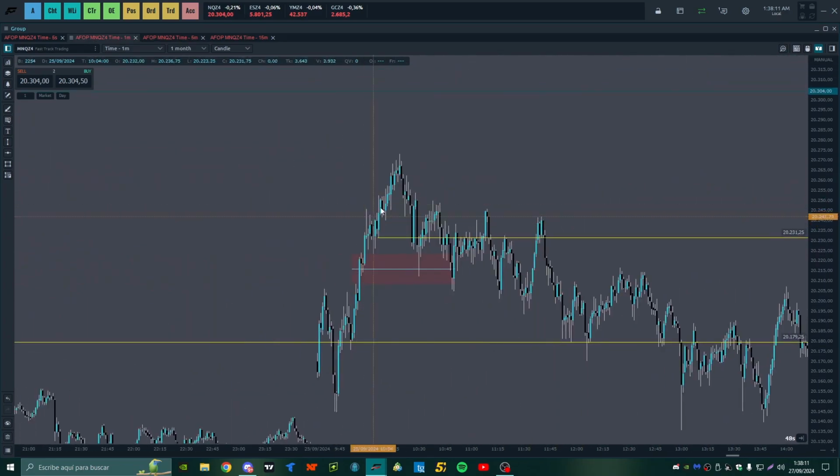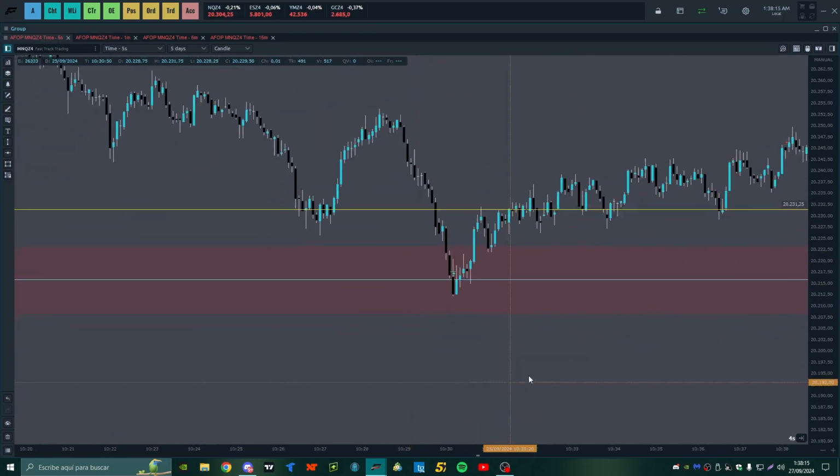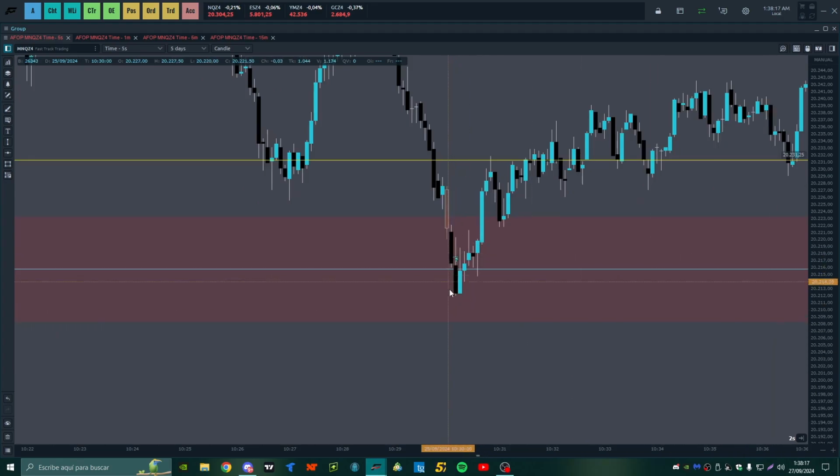So nothing. The price reached, touched the imbalances, gave this immediate bullish reaction. So like in the 3D AMD video, I showed you with a 5-minute imbalance. As soon as I saw the reaction, I entered without thinking into the market. So here I did the same.